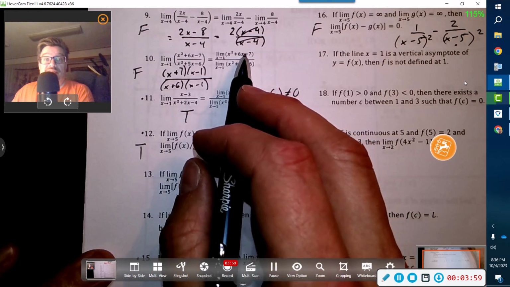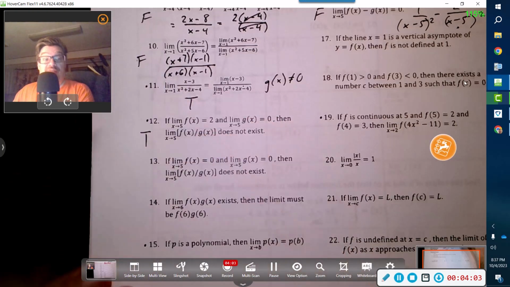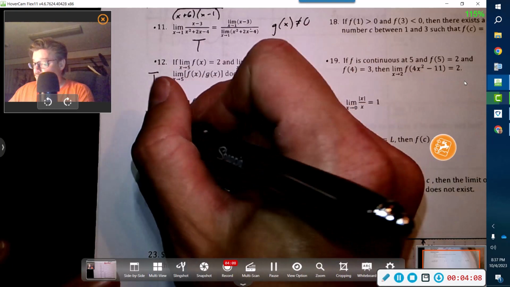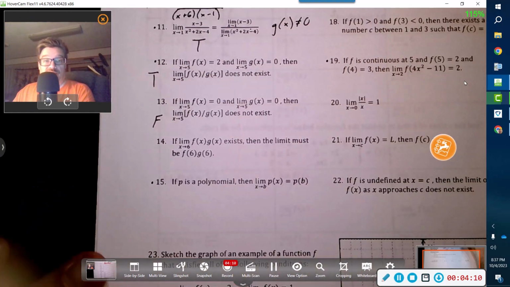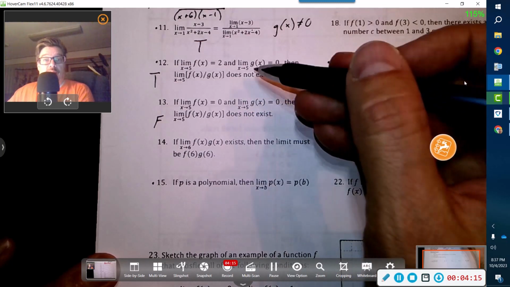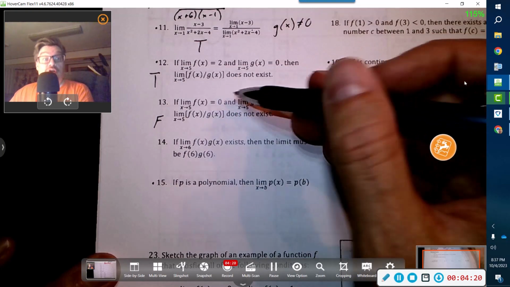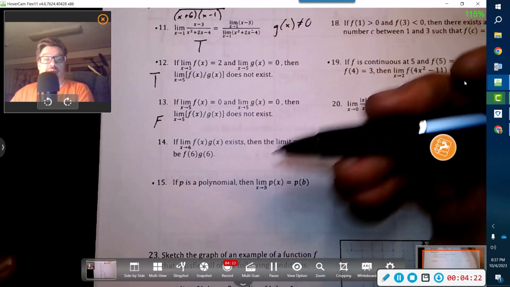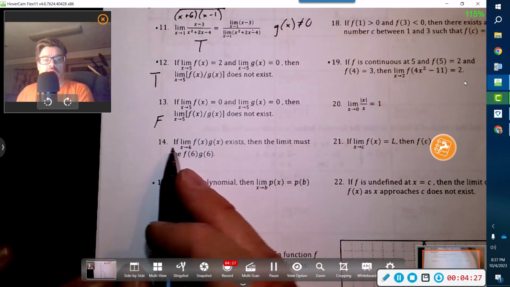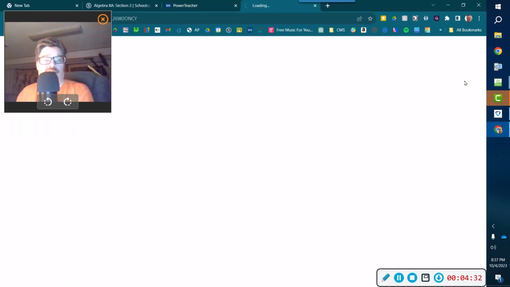If we plugged it in and got a 0 over 0, if we cancel them the right way, if they factor, you would actually have a hole instead of an asymptote. So this is actually false. These are deceptively similar, but here, nothing canceled out, so it does not exist. These could cancel out, so it would not necessarily be true.